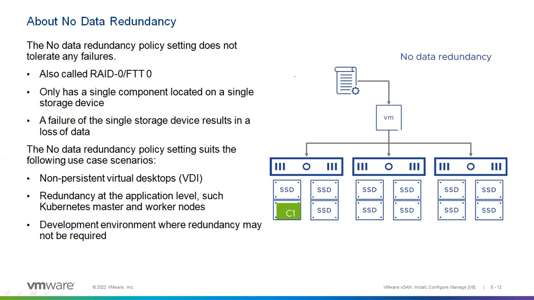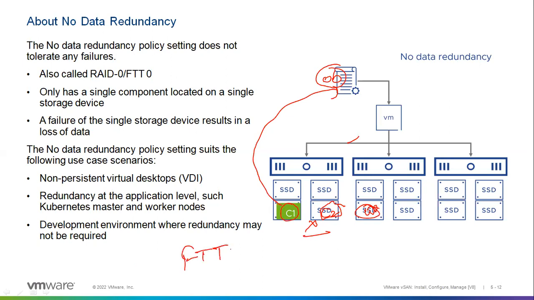Whatever I am protecting will only make a single copy. A single copy means a single component for that object will be stored. Does it have any redundancy like a second component, or a witness just for quorum purposes? The answer is no.